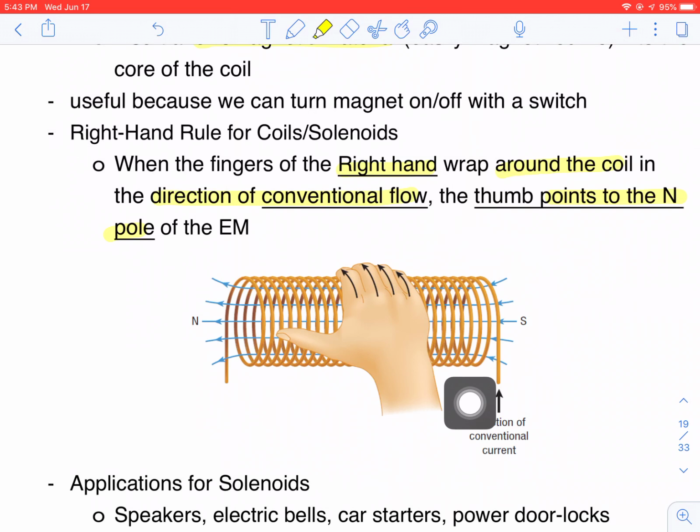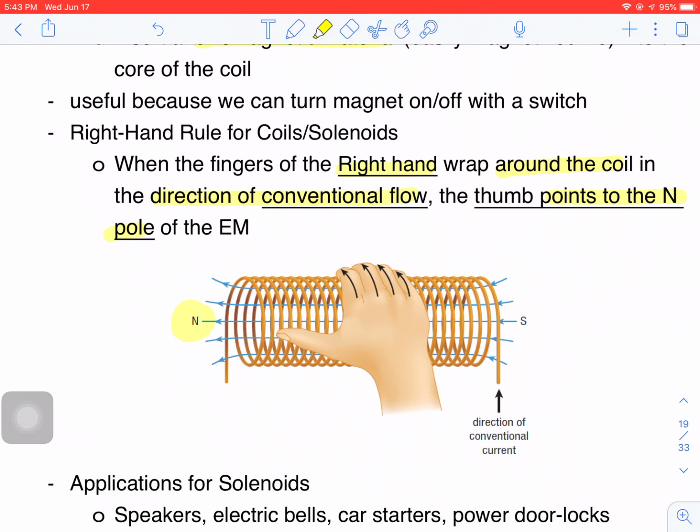It's always doing the same thing, and at the very end it comes up the front and then disappears down the back. Okay, so my fingers show that the current is coming up the front and rolling over towards the back, and my right thumb shows the direction for north.